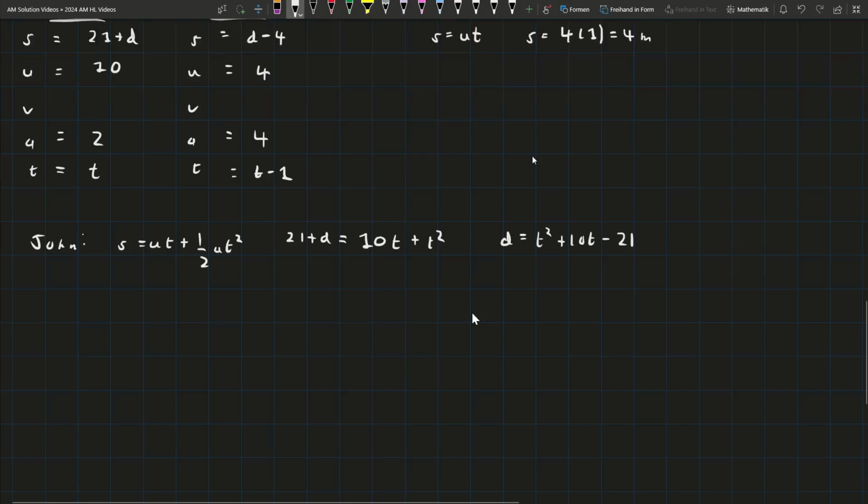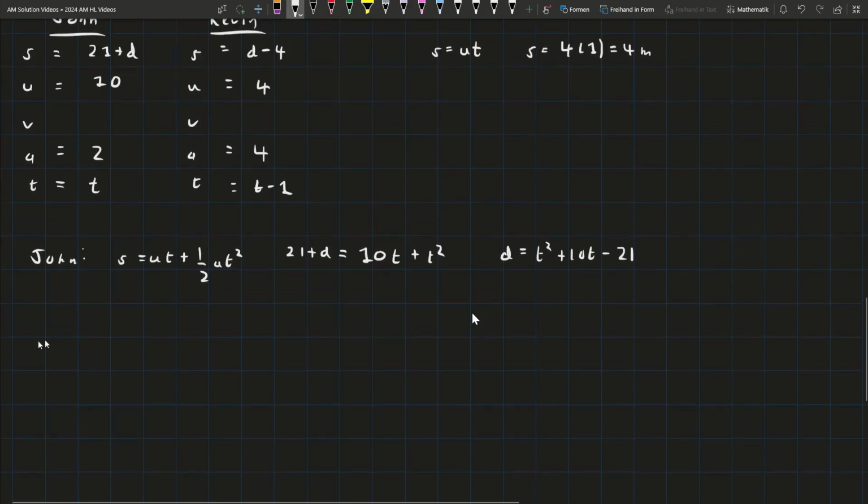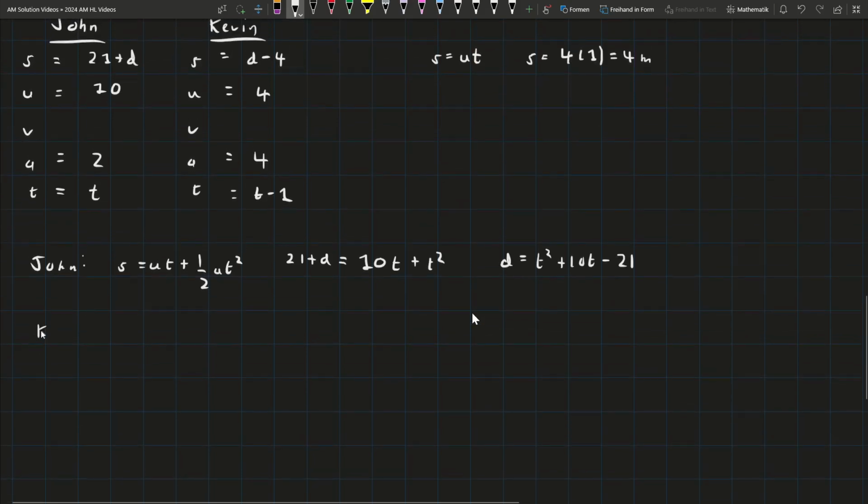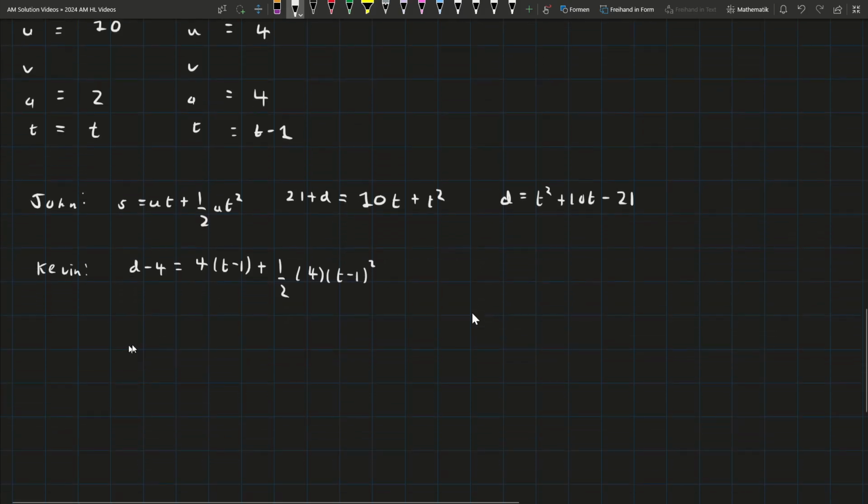Okay? Because now, for Kevin, we know that d minus 4 is his distance, and he does that in ut, which is 4 times t minus 1, plus a half a, which is 4, and then t squared will be t minus 1, the whole thing squared. And we know we can replace this d with the expression here for the simplification.